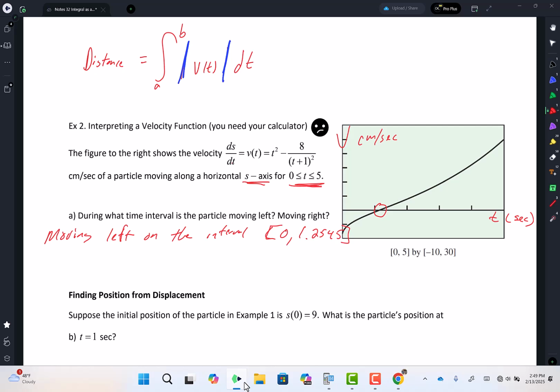Technically we're supposed to put a bracket in there, since velocity is negative on the interval 0, 1.2545 with a parenthesis. Technically, at 1.2545 you're 0, so that's why I put the parenthesis.